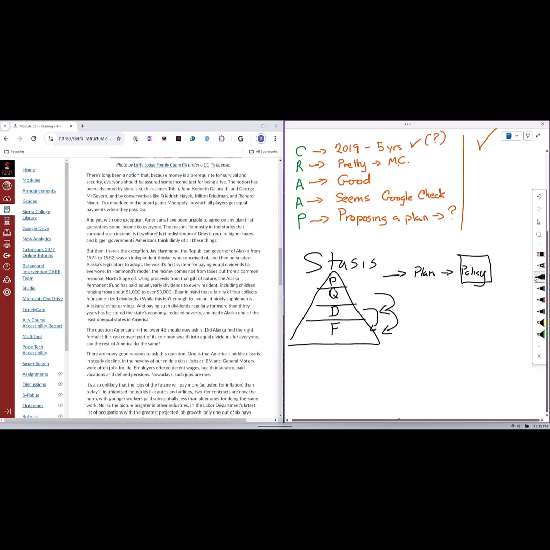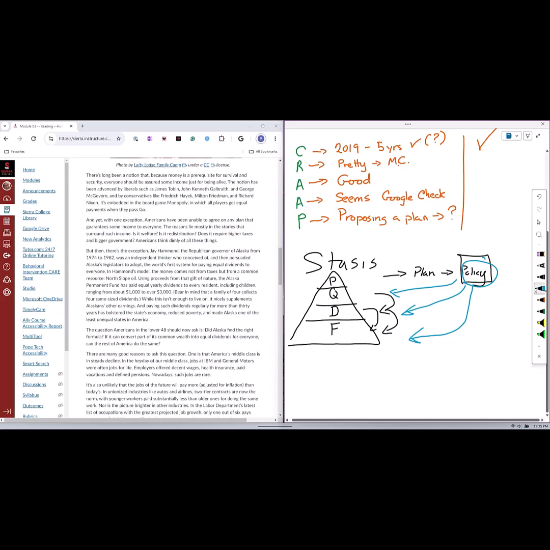And because we know that it's policy, we know that we should be able to answer questions about who is affected by this problem and by the potential fixes, how are we defining the problem and the fixes, and what are the facts? And as we look through this essay, we would find all of those things, so we could be pretty confident that this is a stasis of policy.